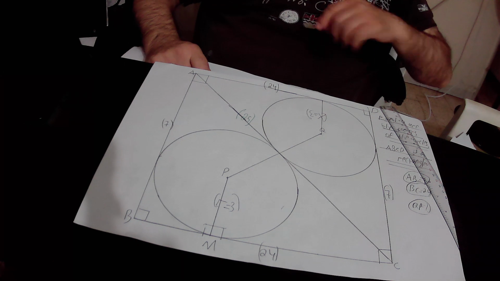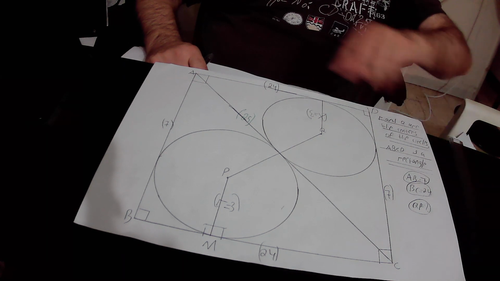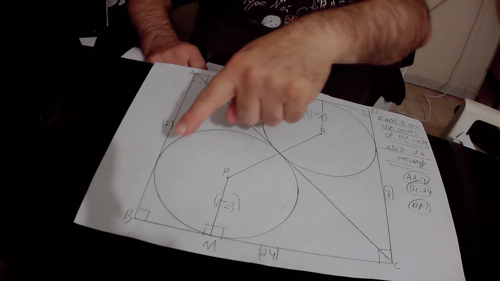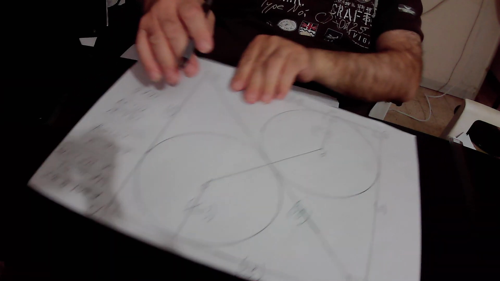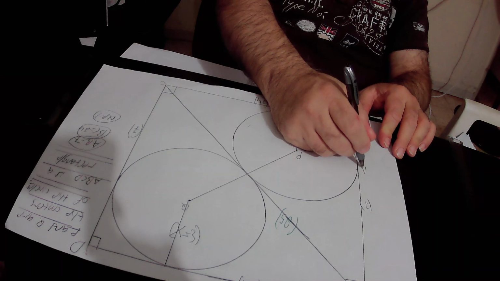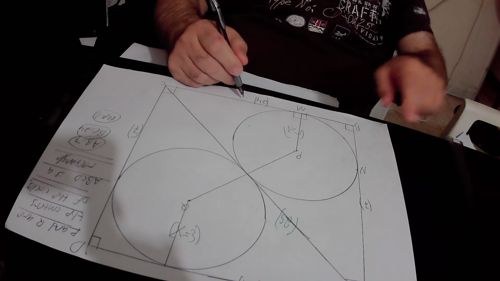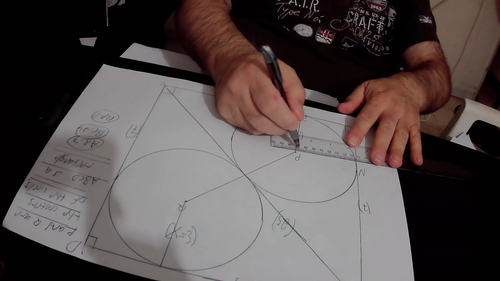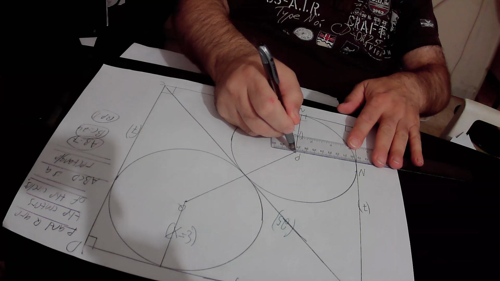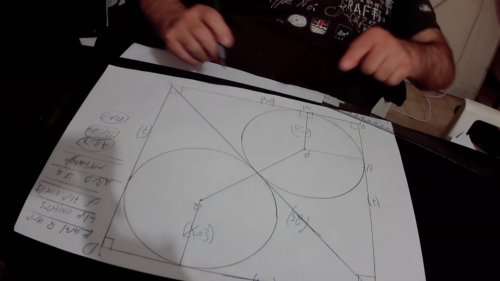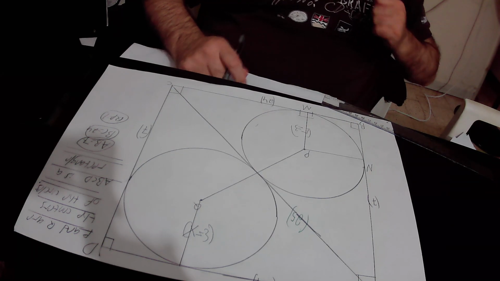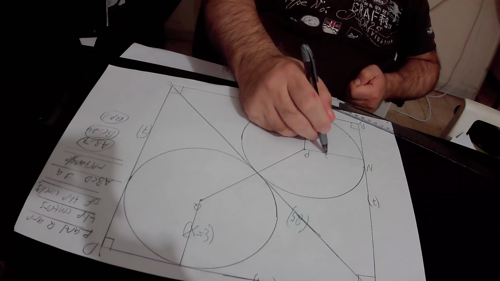In the next step, we define the point of tangency of tangent AB with this circle as point N. We join points P and N together by a straight line. PN is the radius of this circle, that is equal to 3 units.